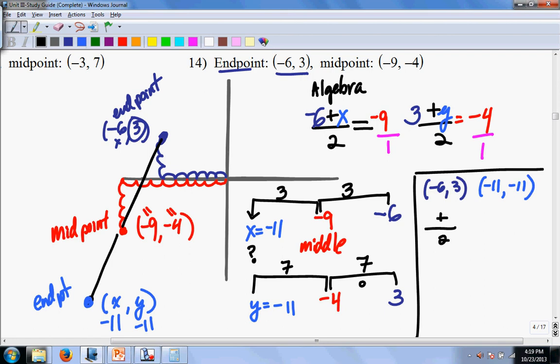Let's put them into the distance equation. X's, Y's. Add the x's, divide by 2. So -6 plus -11.